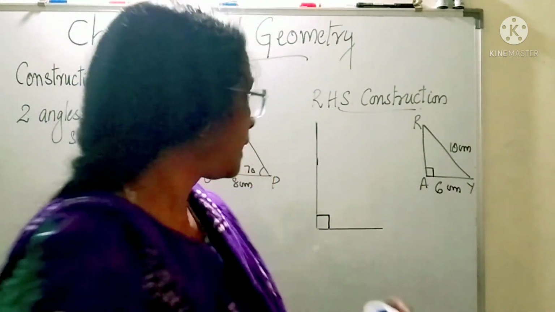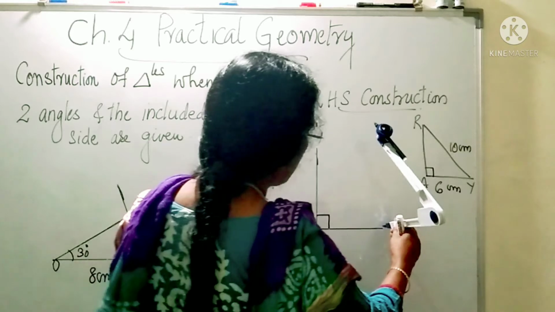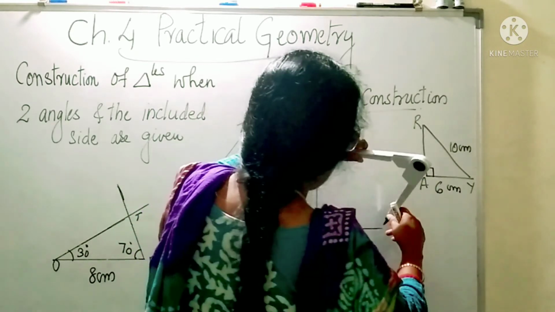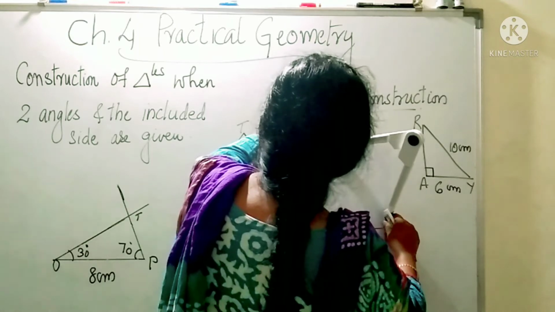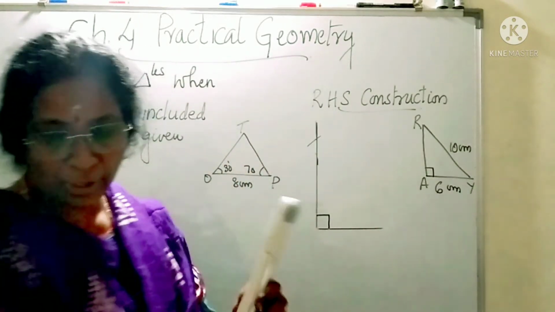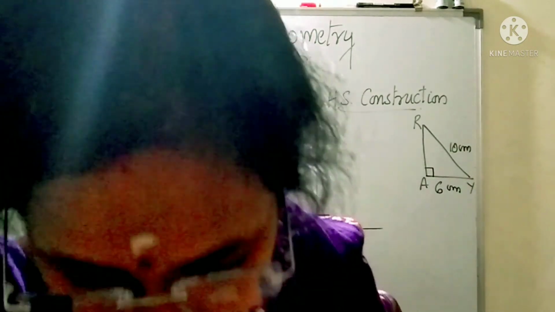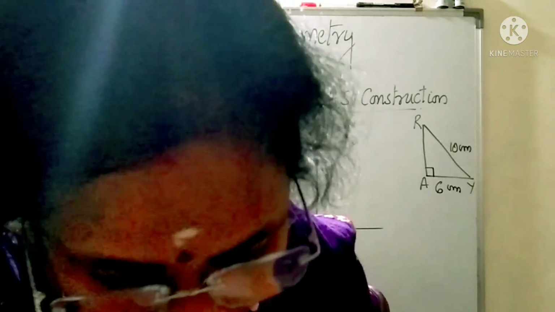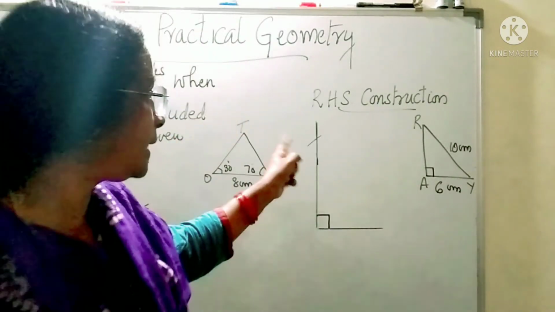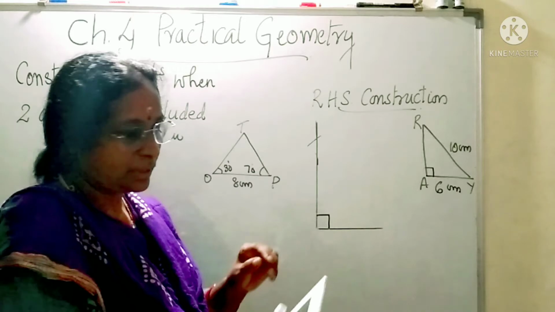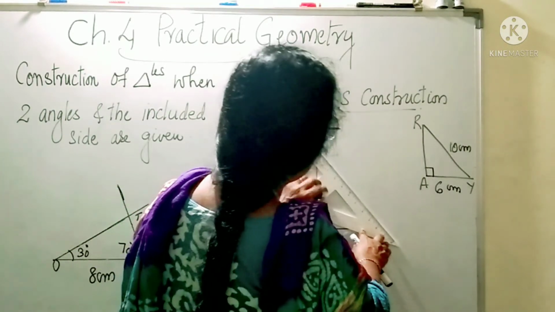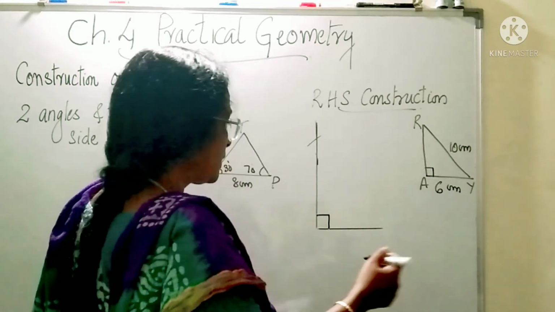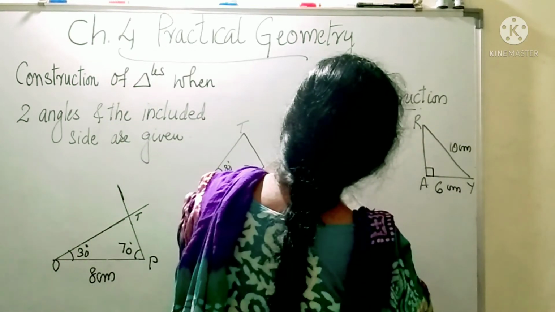And then keep it on this point and draw an arc. After drawing the arc, what you have to do? Join the point where they intersected. The line and the arc intersect at this point. So, join that point to the end point of this line.